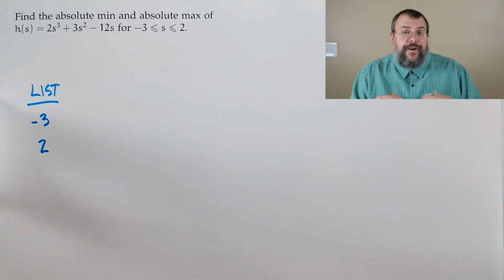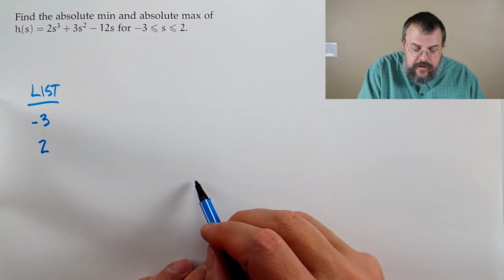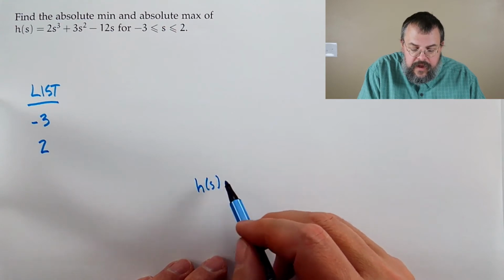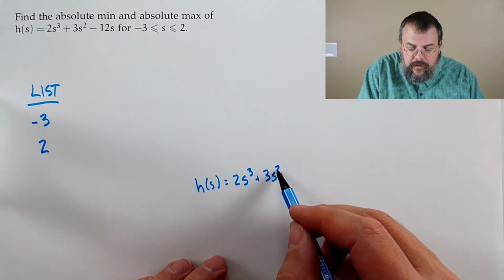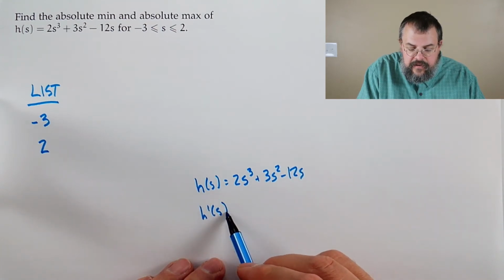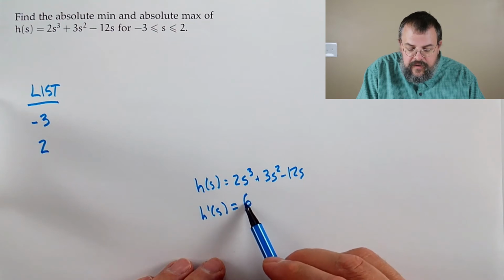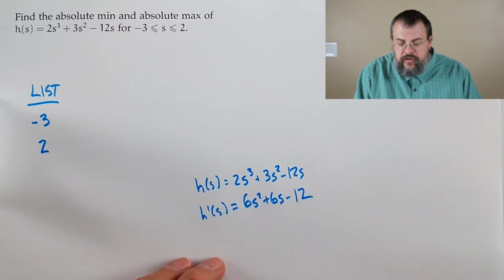From there, we say, all right, next thing is let's take a look at our derivative. So h of s, that's 2s cubed plus 3s squared minus 12s. h prime of s is 6s squared plus 6s minus 12.